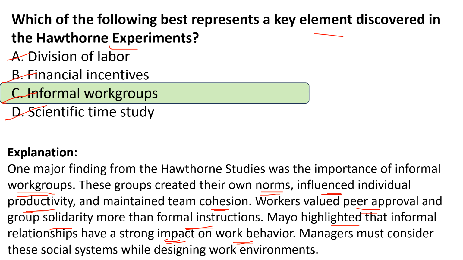But if one of your friends or colleagues, your favorite colleague, gives you some words or ideas on how you can do the work, then you will follow that more than the formal instructions. Clear? Managers must consider these social systems while designing the work environment. So this happens with informal workers, and that is how the Hawthorne studies showed the importance of informal work groups. Clear?